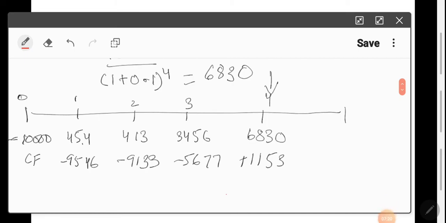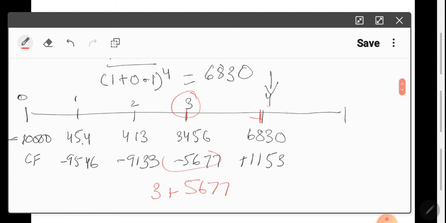Okay. So over here, this is the year according to which we will put in the formula. So number of years prior to full recovery. This is a full recovery year. The year before that is 3. So 3 plus unrecovered cost at the start of the year. This is the end of the year. This is the start of the year. So unrecovered cost at the start of the year is 5677.